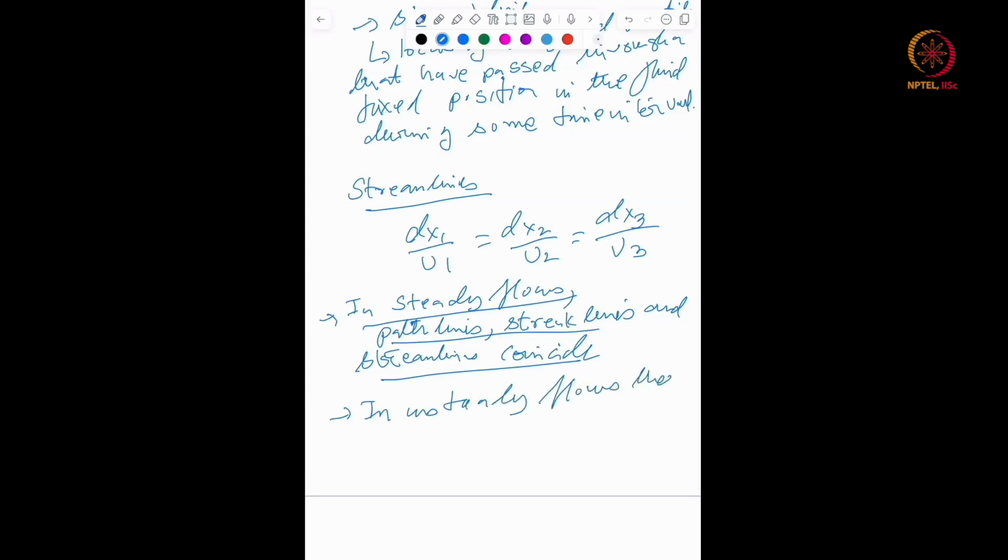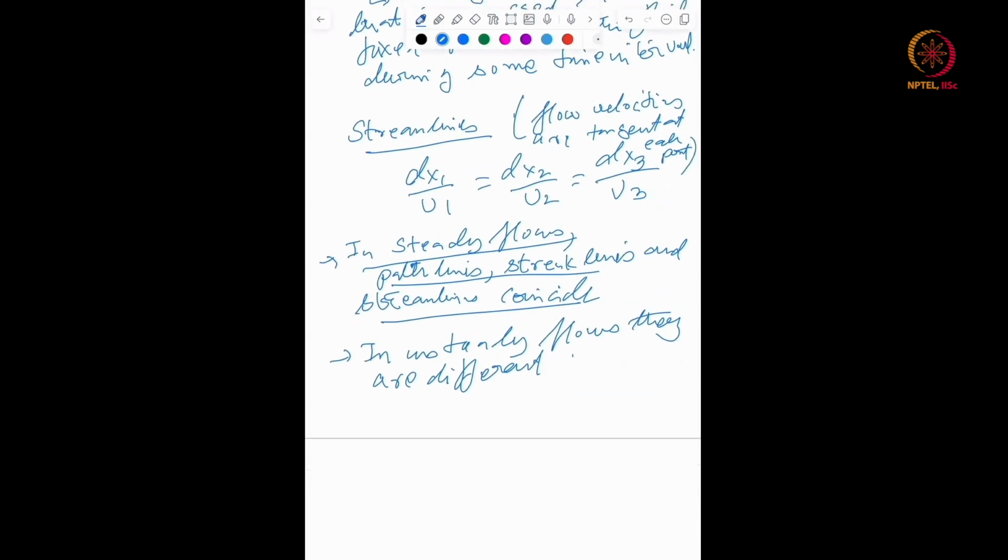The streamlines are where the flow velocities are tangent at each point. Okay? So you see, in stationary or turbulent flows of relatively low intensity, these lines may approximately coincide on average, but their instantaneous features are different.